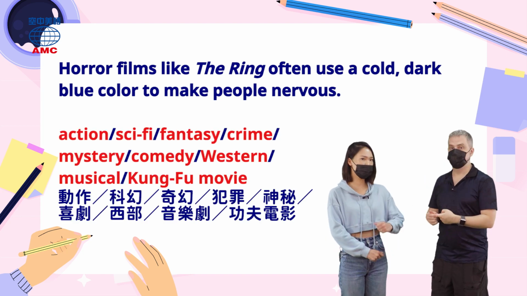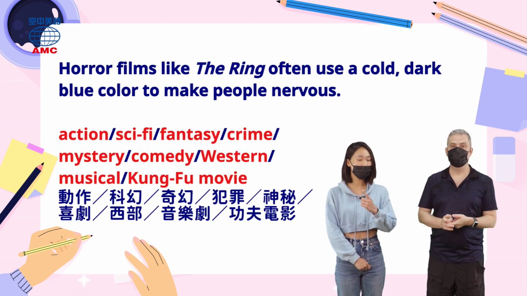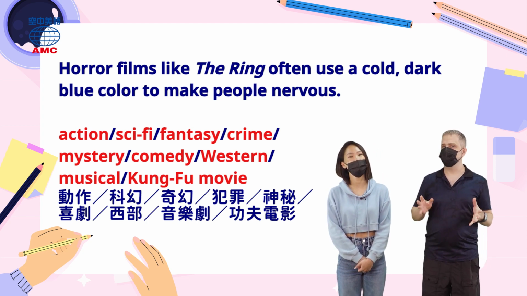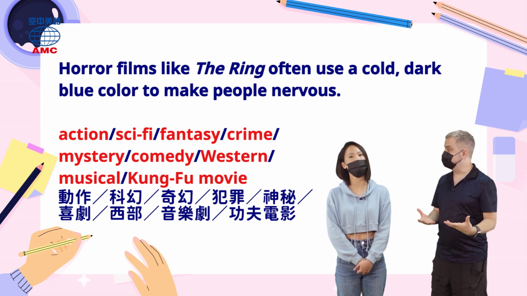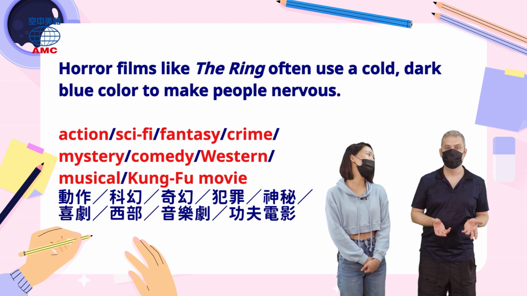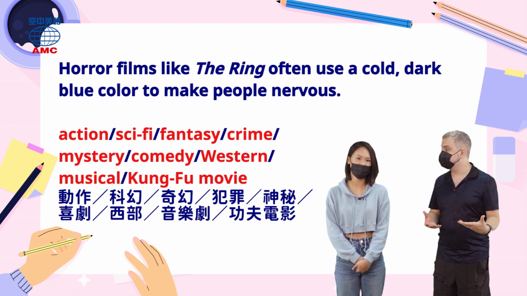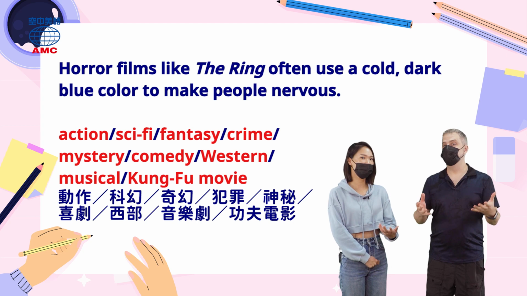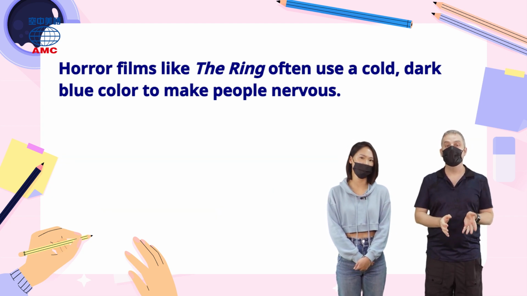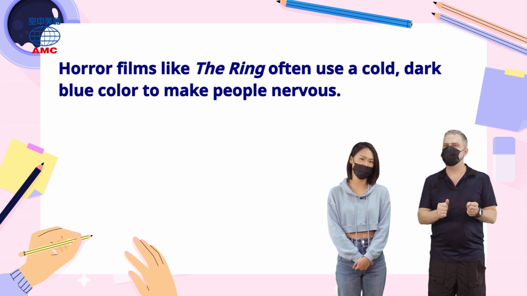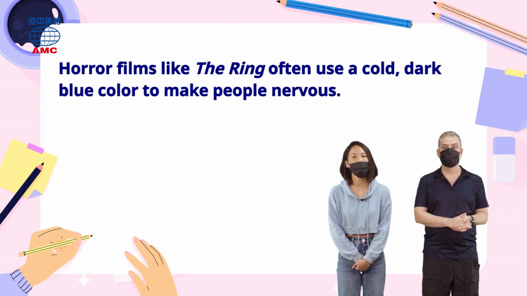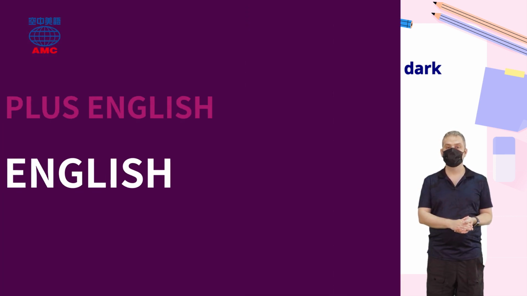You've got action movies, sci-fi movies, fantasy movies, crime movies, mystery movies, comedies, westerns with cowboys, musical movies, kung fu movies, loads and loads. So in horror movies particularly, we want the audience not to feel comfortable. We want them to feel nervous. OK, nervous 是我们下一个单字，什么意思呢？Let's find out.